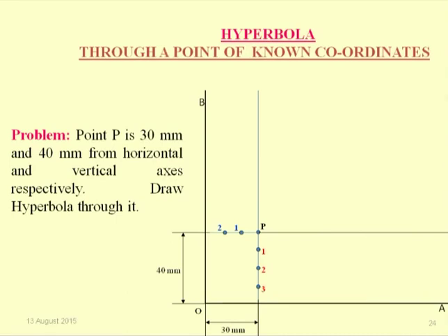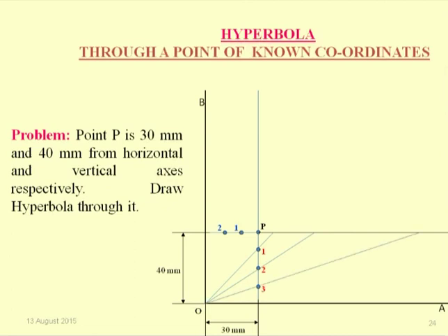Now draw an inclined line which is passing through point O and 1, and which intersects the horizontal line drawn from the point P, and give it the name.